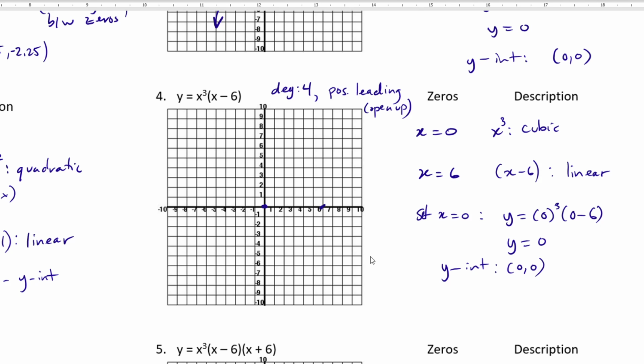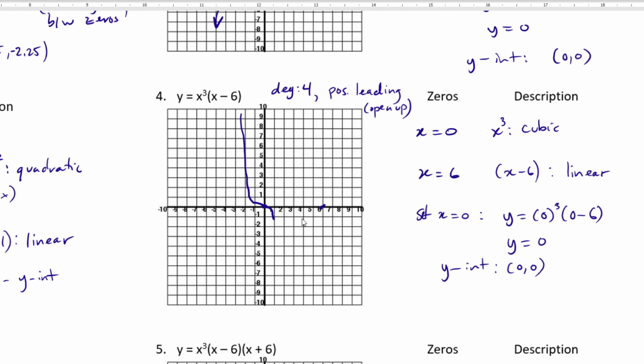So that means it's going to behave like a line through here and with an S shape here, and it has to open up. Okay, so what I'll do is I will start over here and I'll come down, and then I'll initiate my S right here.